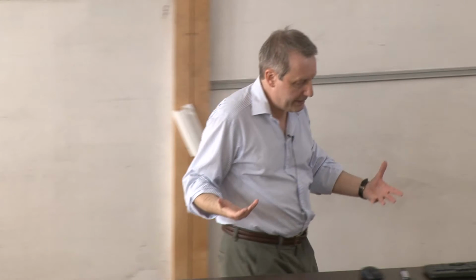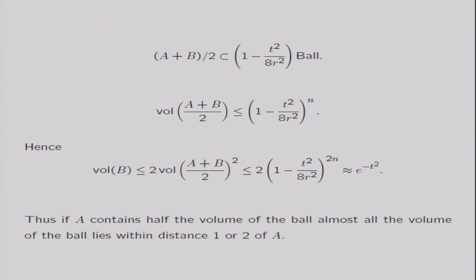Okay, but that's fantastic news, because if this thing is contained in a smaller multiple of the ball, then its volume is much, much, much smaller than the volume of the ball, because we raise to the power n. This is the power of the dimensionality. We don't use it in the statement of Brunn-Minkowski. I use this dimension-independent form, but here we get to use it, and it has an enormous effect.